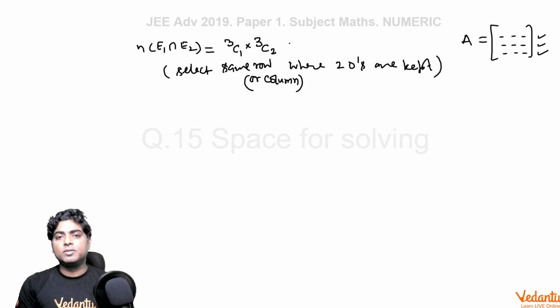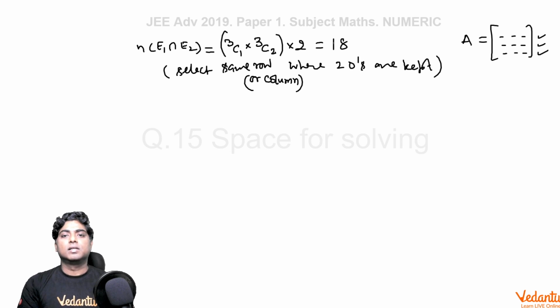So if you think of placing those two zeros in the same row, there are 3 into 3, 9 options. But if they are placed in the same column, then also the value of determinant would be 0. So we should multiply it by 2, and it gives us the total value of n of E1 intersection E2 to be 18.